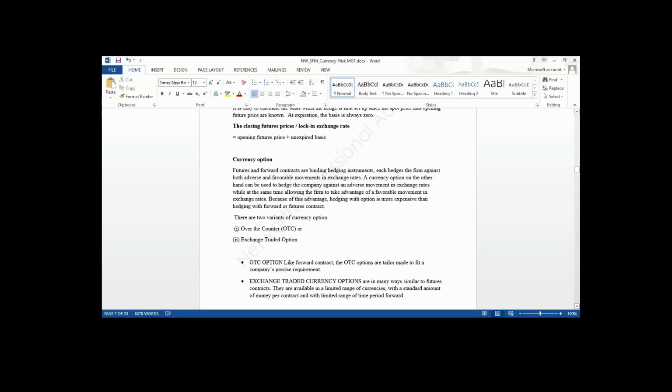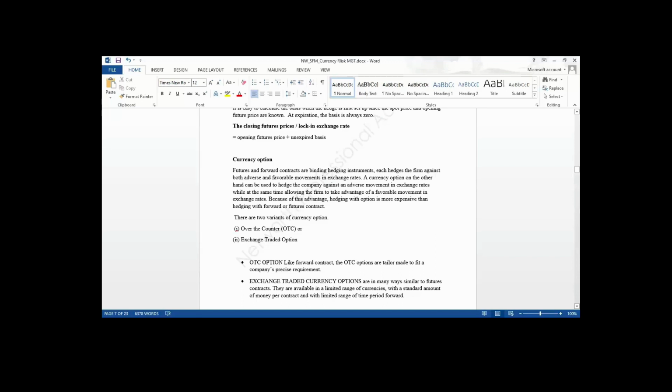Now, there are two variants of currency options. You have the over-the-counter currency option, OTC, and the exchange-traded currency option. Over-the-counter is more like forward contracts.